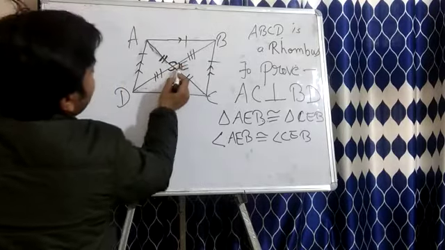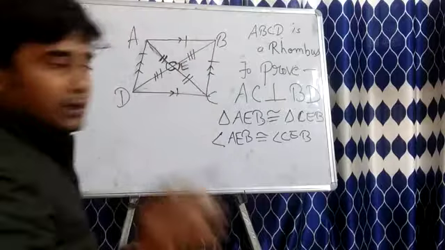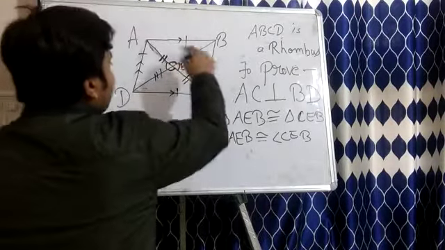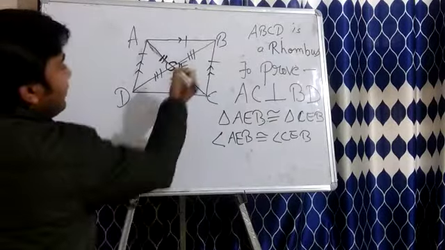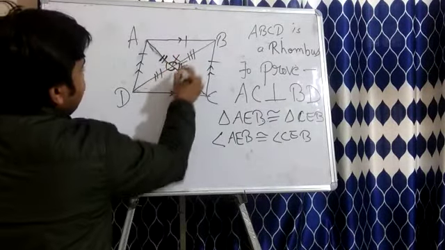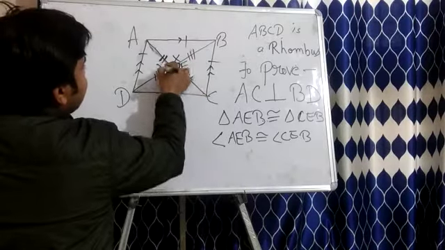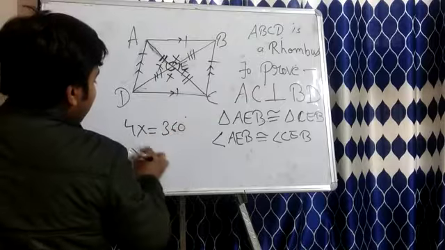Therefore all these four angles will be equal, and we know that the sum of these four angles is 360 degrees. So now if this is x, then this is also x, this is x, this is x. So 4x is equal to 360 degrees. Therefore x is equal to 90 degrees. Hence each of these angles is 90 degrees.